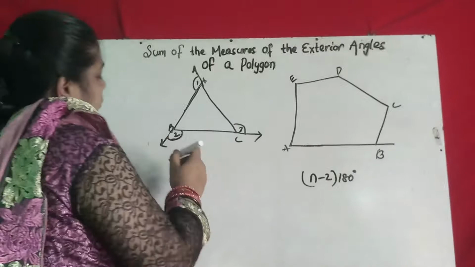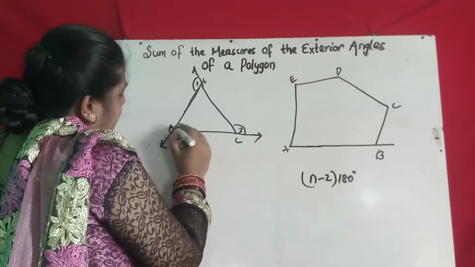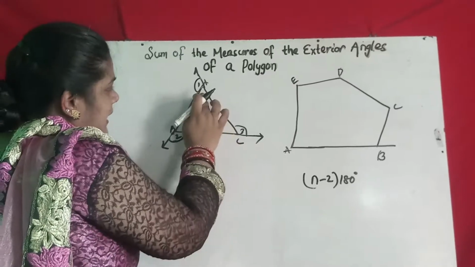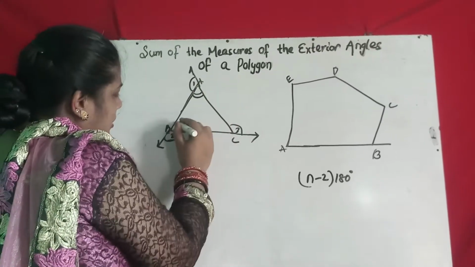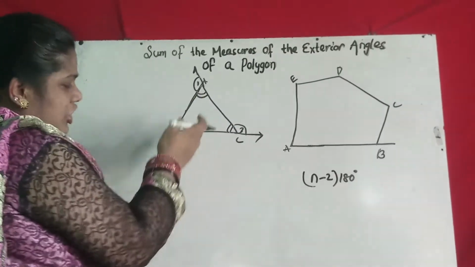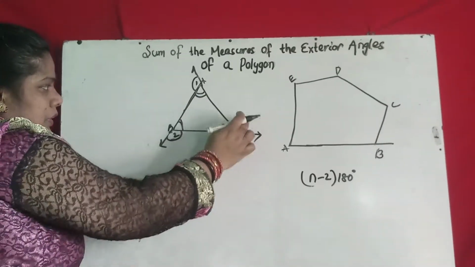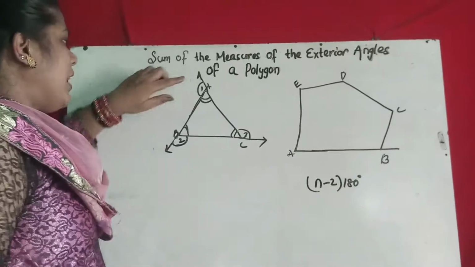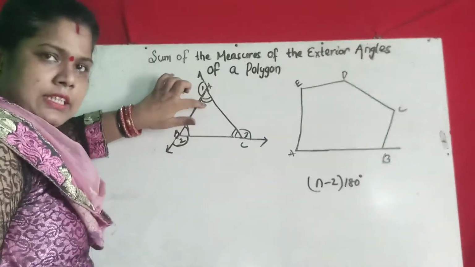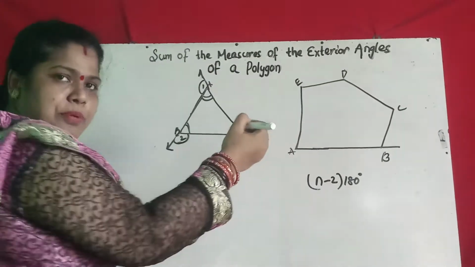So the inside angles are angle A, angle B, angle C. Okay, I am talking about the inside angles. The interior angles are A, B, C, and the exterior angles are 1, 2, 3. Generally, when you add 1 plus A, it is 180 degrees. It is a straight line. It is a linear pair also.